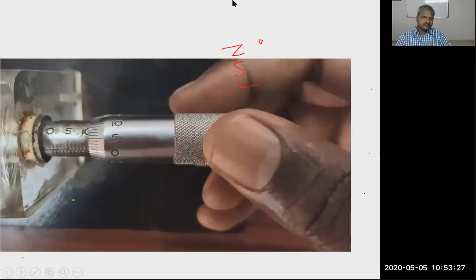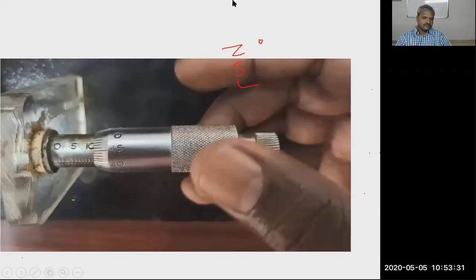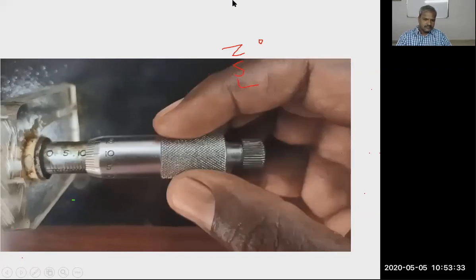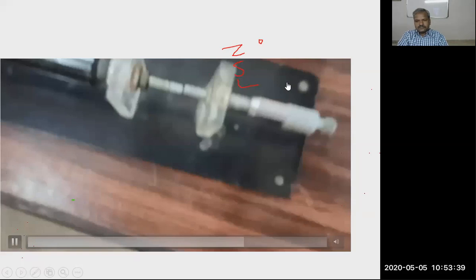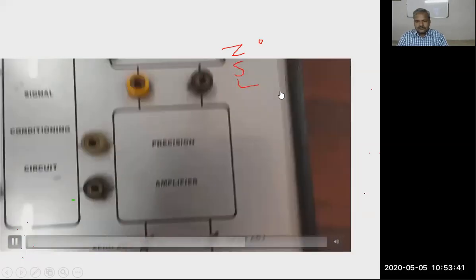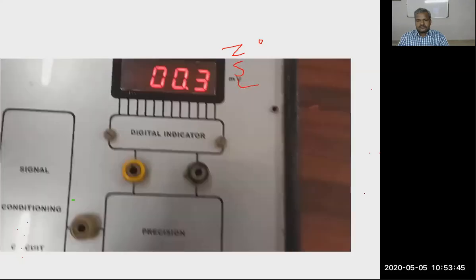Now we set at 10 mm. You see the display. For 10 mm displacement, it should give 10 millivolt. But we are not getting 10 millivolt.